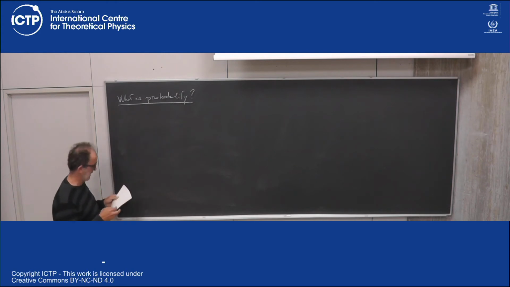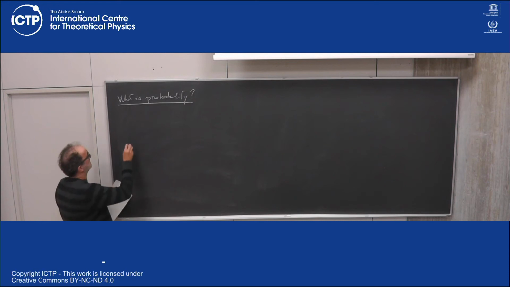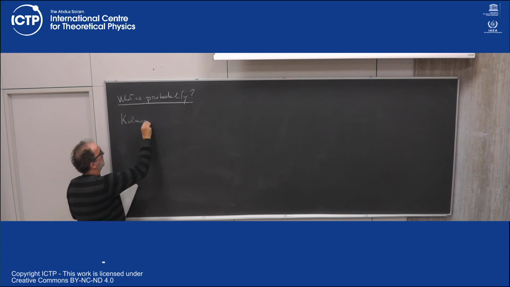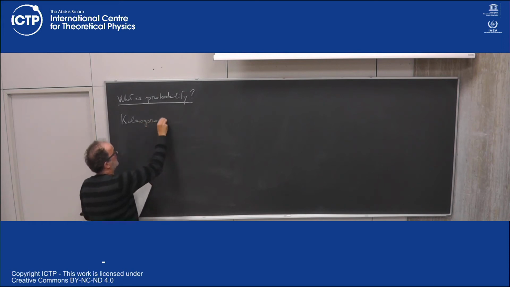And so what we need, if it is a primitive concept, is we need axioms. And essentially what we will describe are Kolmogorov axioms.